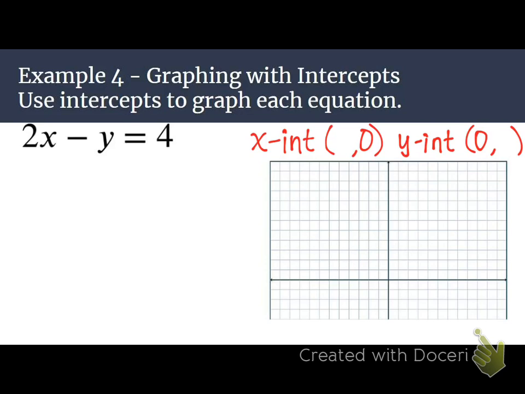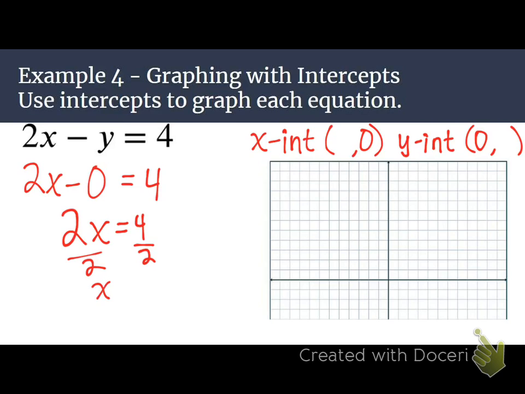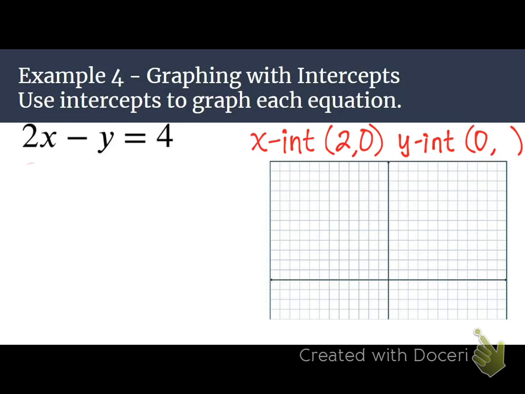So let's start with our x-intercept. 2x minus 0 equals 4. 2x minus 0 is just 2x. How do we get x alone? Divided by 2. X equals 2.